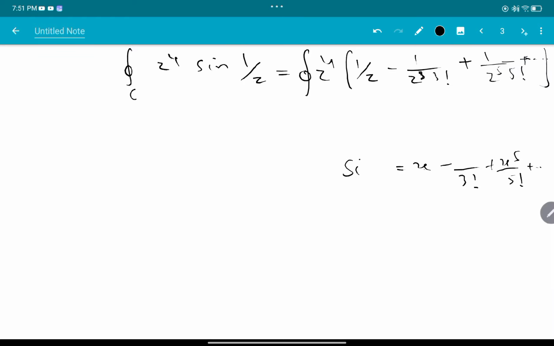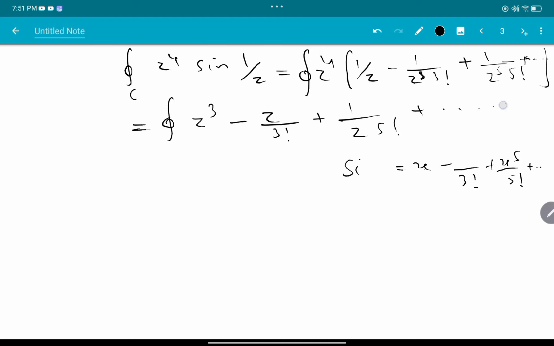If you multiply this by z^4, you get z^3, then minus z by 3 factorial, then 1/(z times 5 factorial) plus and so on.